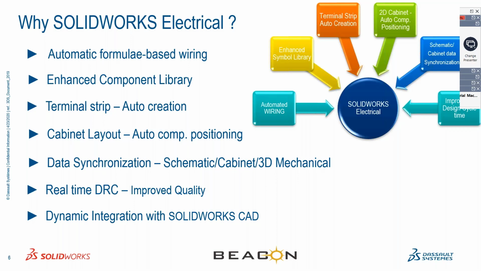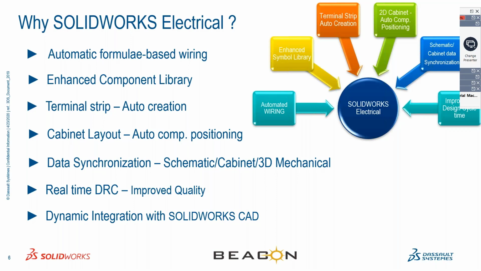And then comes the data synchronization, that is, to check the connectivity between the schematic, the cabinet, as well as the 3D component, whether the particular symbol placed in the schematic is present in the cabinet layout, and whether the same 3D component is present in the mechanical platform.